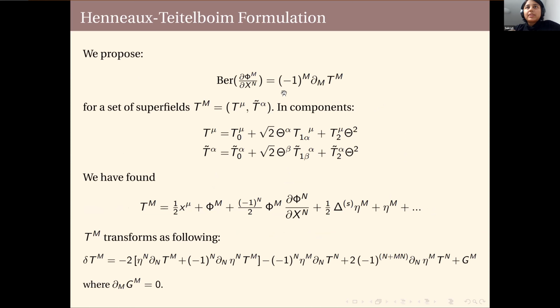So this was the Berezinian, and we wanted to see if it can be expressed as a total derivative of some field Tm, which will have these components, where mu is the spacetime index and alpha is the spinor index.